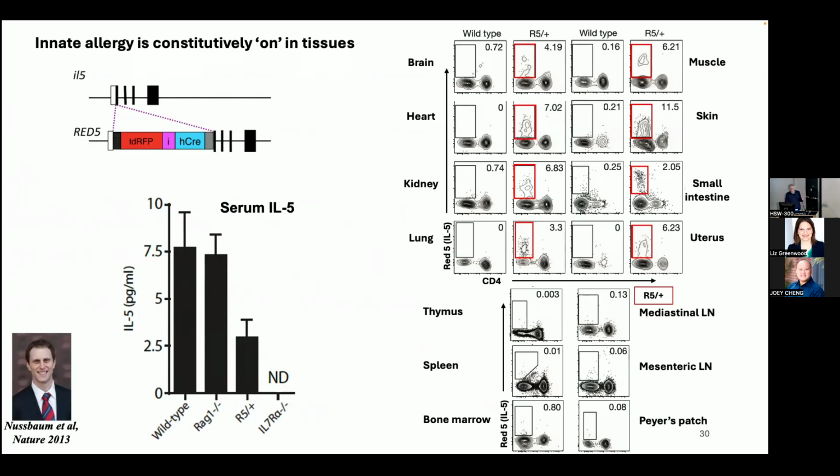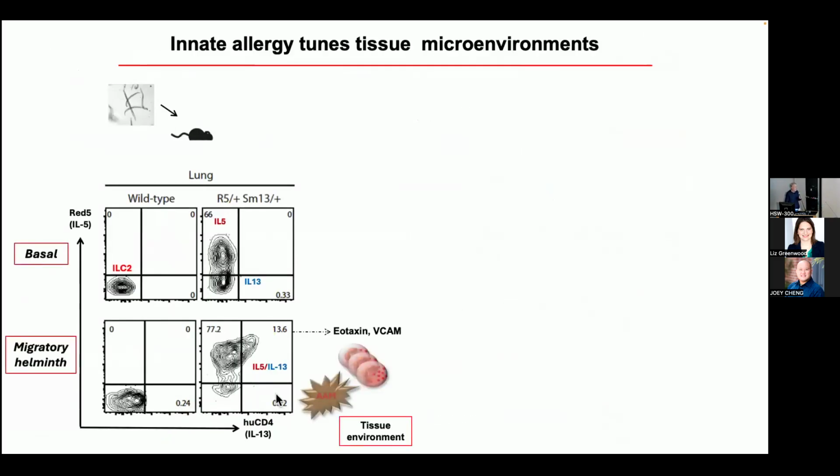It had been said that eosinophils for a long time have been felt to be circadian, and that the circadian rhythm underlies the fact that asthma patients always come at night to the ER when eosinophils are high, whereas mice are reversed. And so we could figure out, by judicious use of making these better reporters, how this system worked in tissues. And under basal states and in SPF conditions, these mice were really just making IL-5.